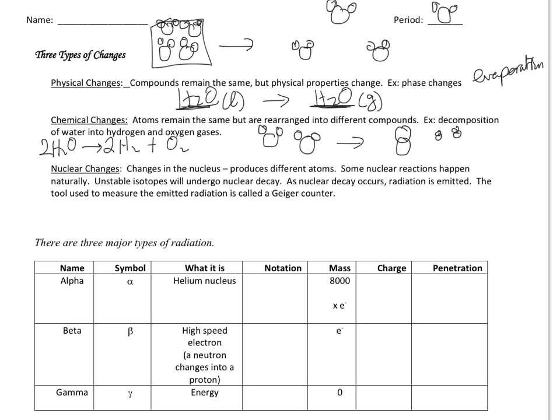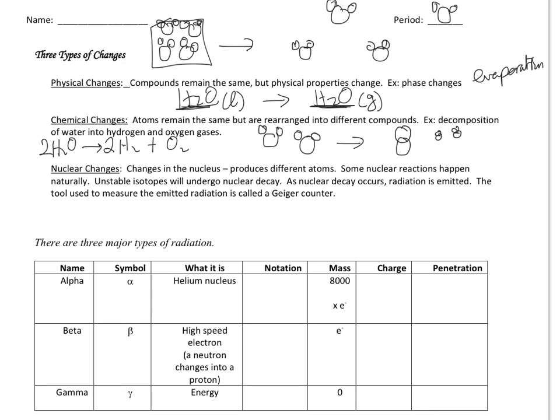So in a nuclear change, you have changes in the nucleus, and that produces most of the time different atoms or different elements. Some nuclear reactions happen naturally, like in the sun, for example, where the deuterium, or the heavy hydrogen, fuses together to make helium in the sun.